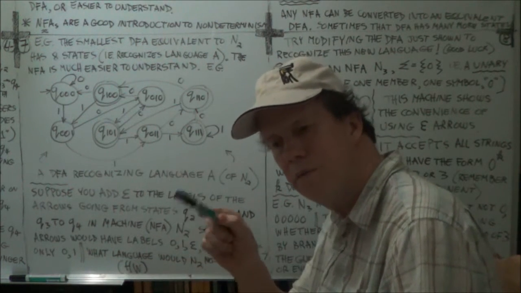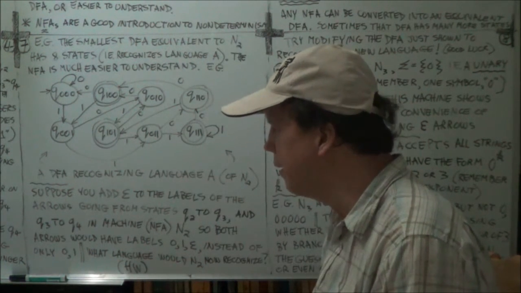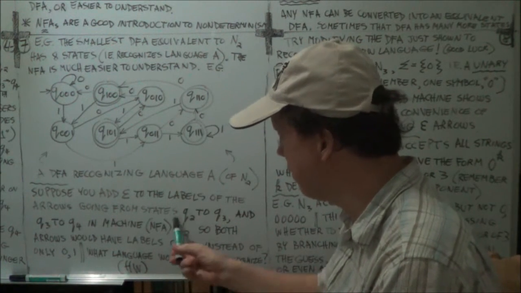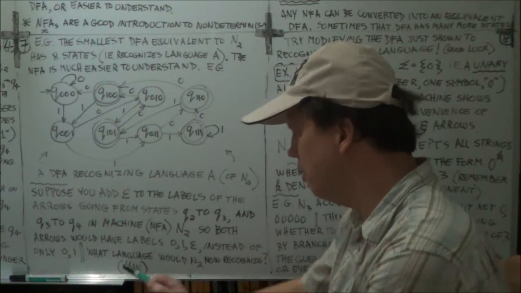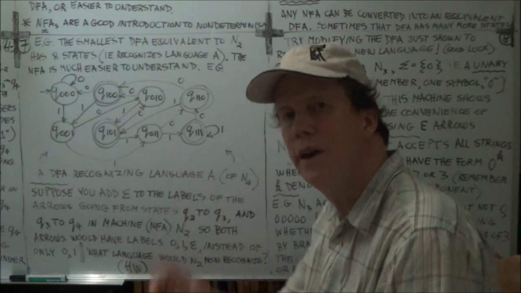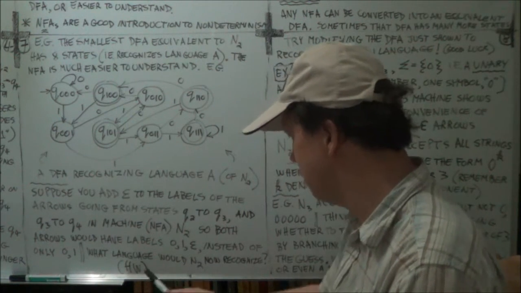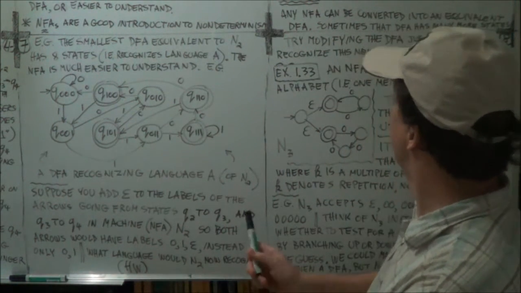So you add these two epsilons, and the question then is, now that your N2 is modified, what language does that modified N2 recognize? Okay, let's do that for homework.